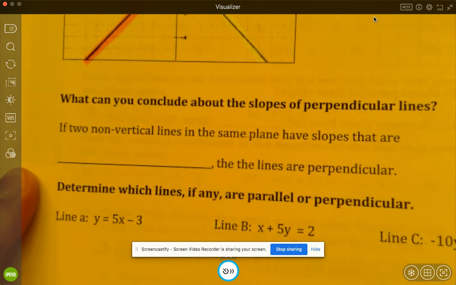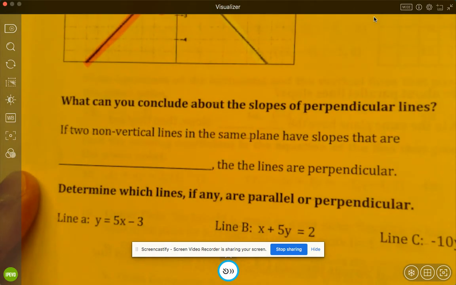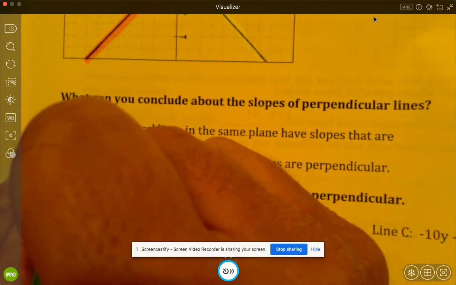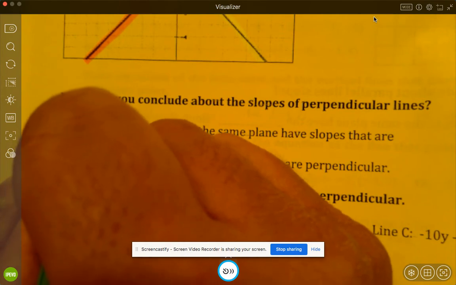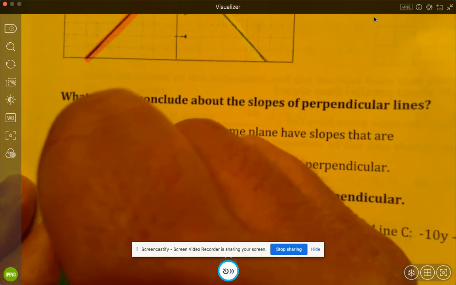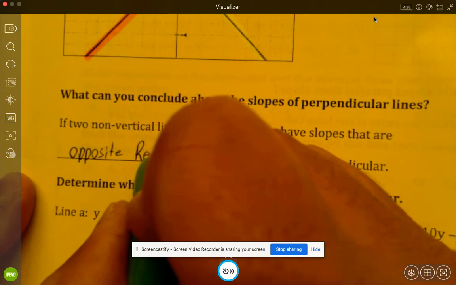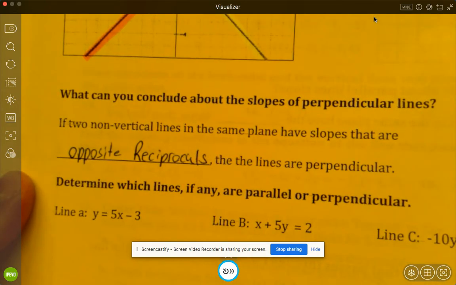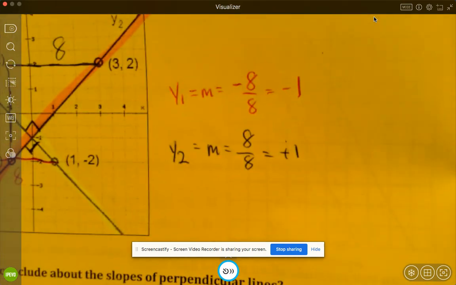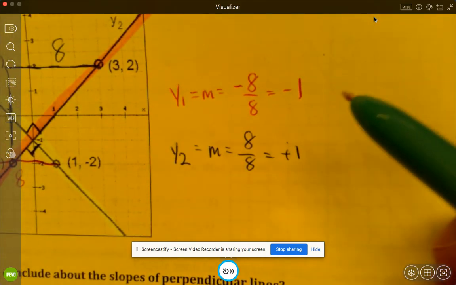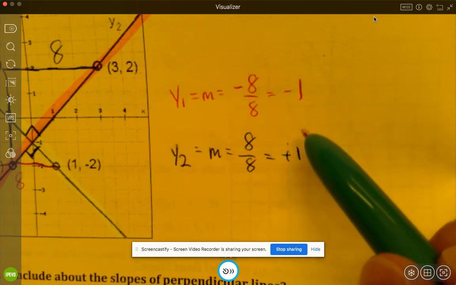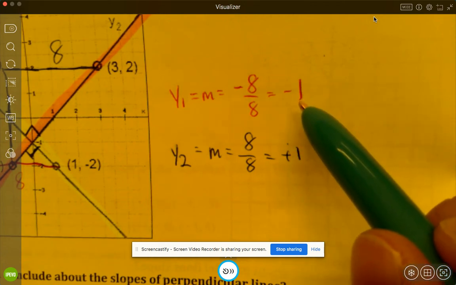If two non-vertical lines on the same plane have slopes that are opposite reciprocals, and we'll see this in another example, what that means is they're opposite in that for them to be perpendicular, one slope has to be positive and the other has to be negative, so that they intersect.